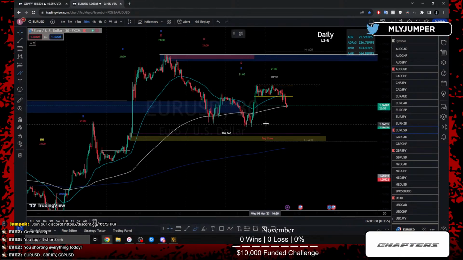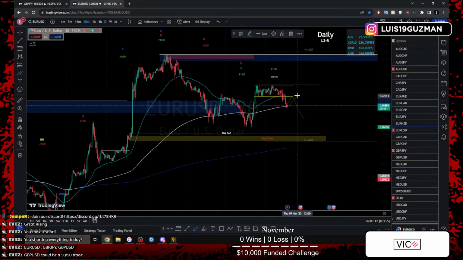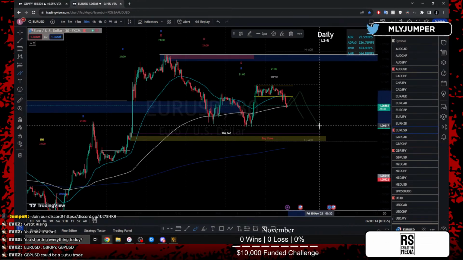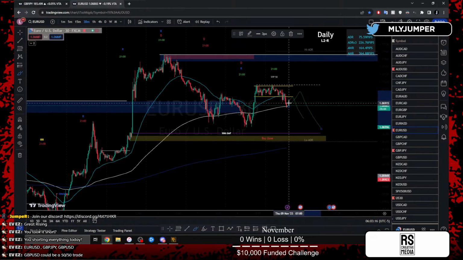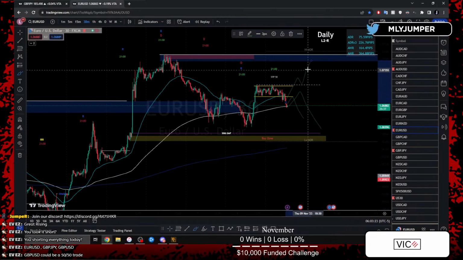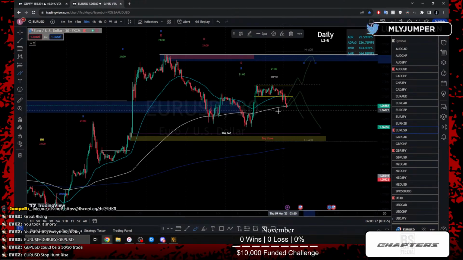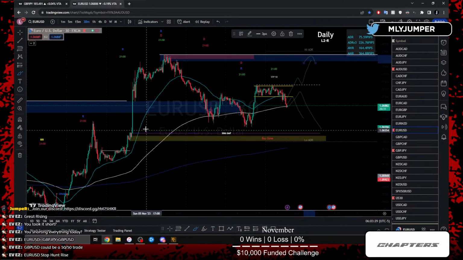I'm expecting price to either do something like this where it taps, continues to go, or it goes to 50%, continues to go, or we'll be looking for price to break above the high of the day, retest to continue going up, which ultimately is what we want to see price do, right? But understanding that we have this 30-minute gap here, right?